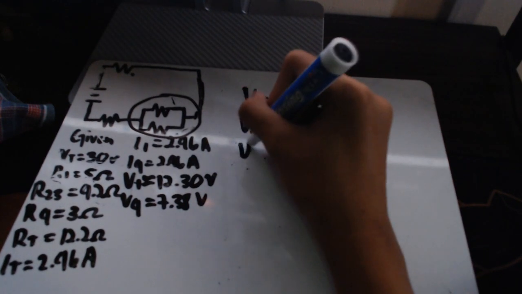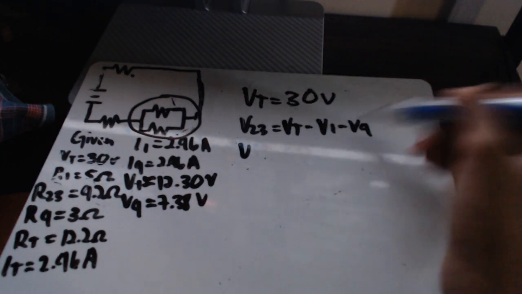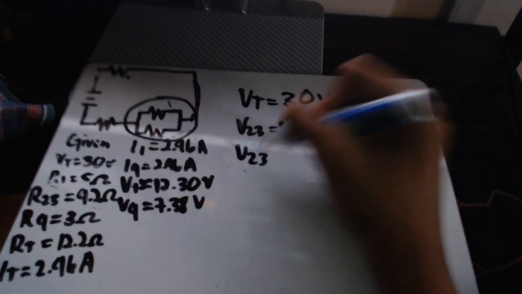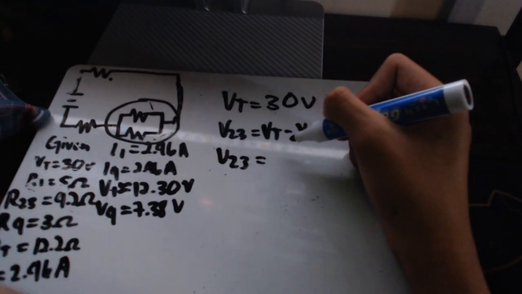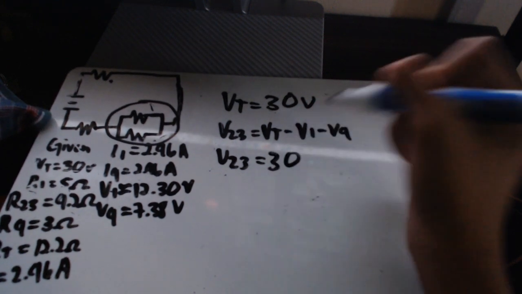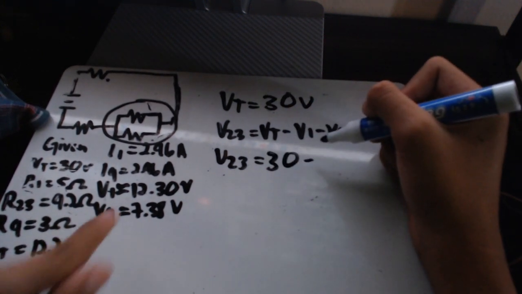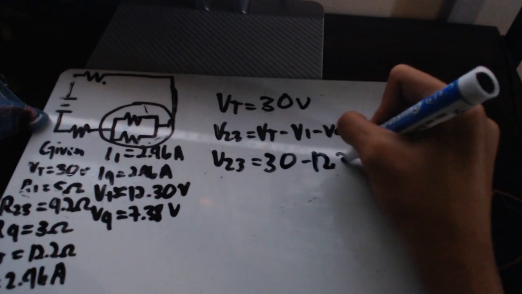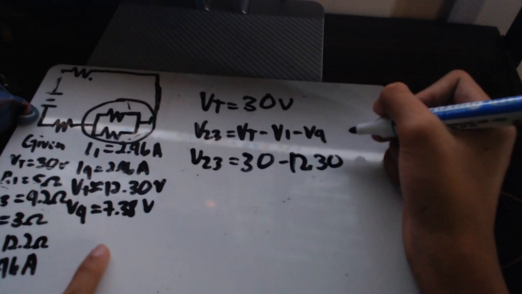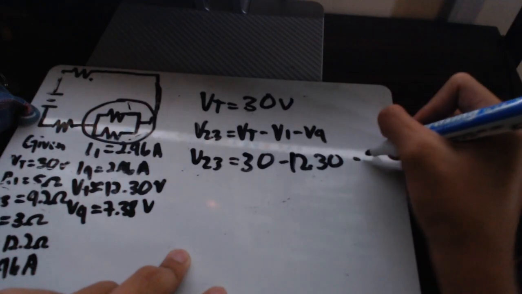Substituting, the V total is 30 volts, V1 is 12.30 volts, and V4 is 7.38.